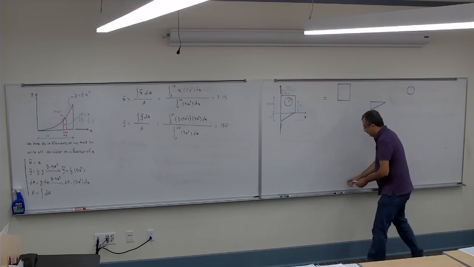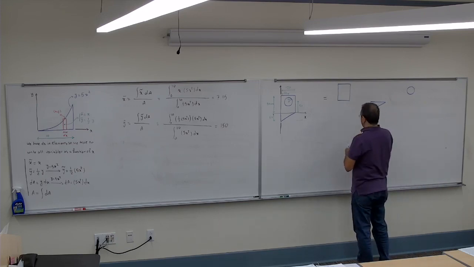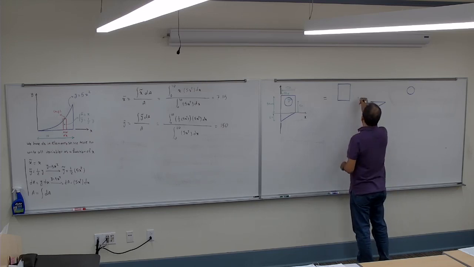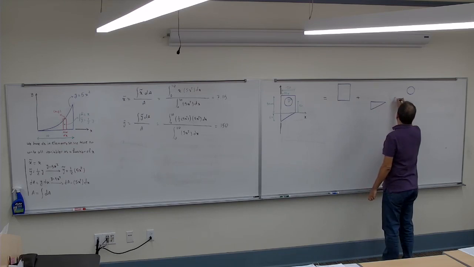So anywhere that I have the area is going to be plus. Anywhere that I don't have the area, or the hollow, is going to be minus.